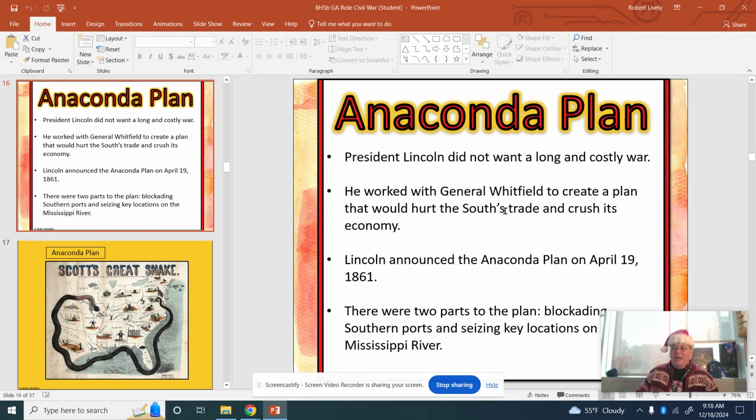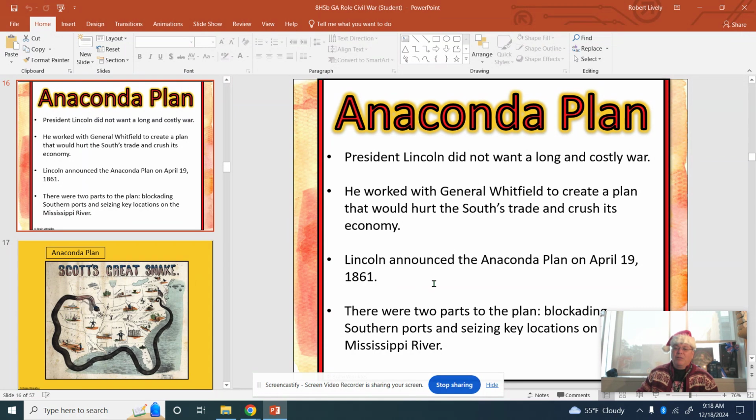We start off with an Anaconda Plan. Now, an anaconda is a giant snake that takes its prey and squeezes them until they can't breathe anymore. That was the plan. President Lincoln did not want a long and costly war. He worked with General Whitfield to create a plan that would hurt the South's trade and crush its economy. Lincoln announced the Anaconda Plan on April 19, 1861.